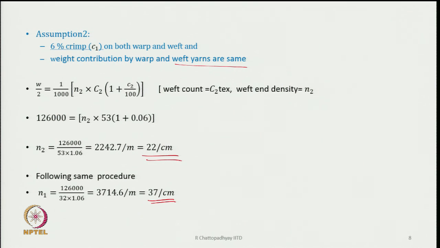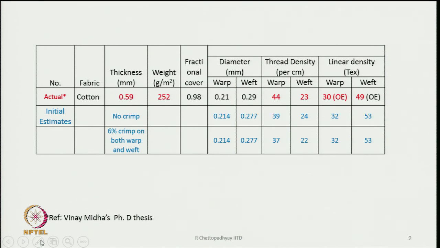And with these two, if we move ahead, then we will find in this table that the actual values are stated in the very first row: fabric cotton, thickness, weight, fractional cover, diameter of the warp and weft, thread density of warp and weft, and linear density of the two yarns are all stated here.